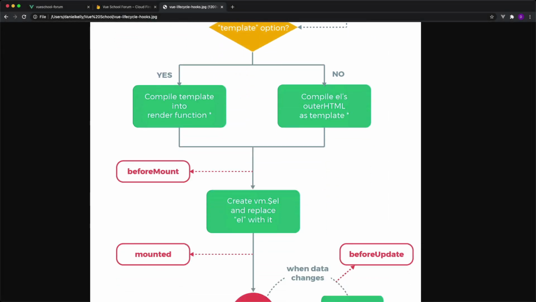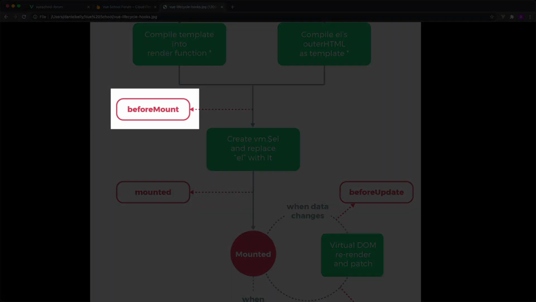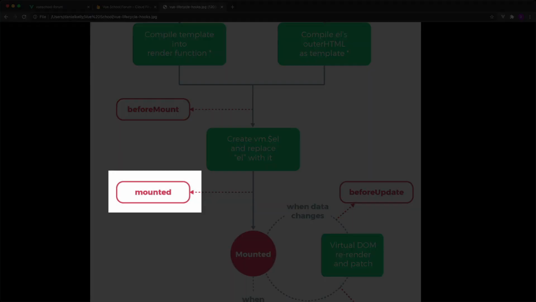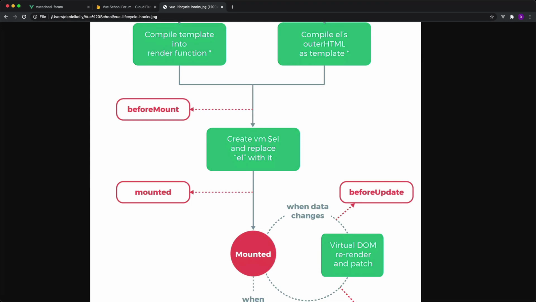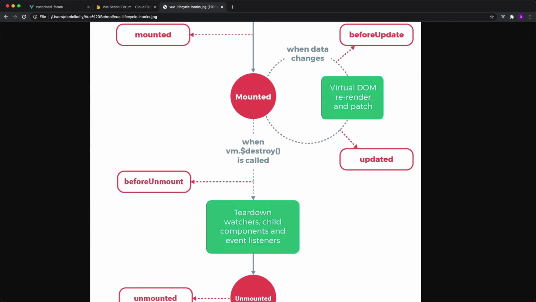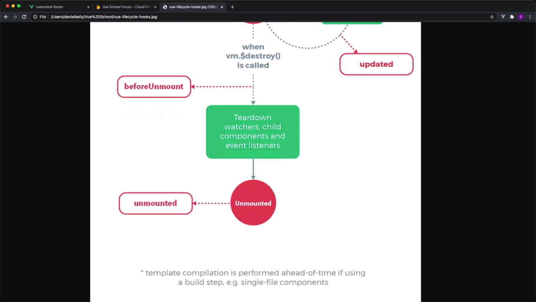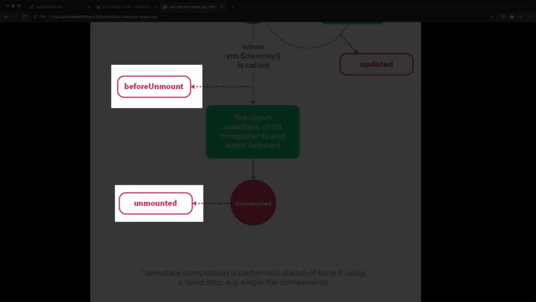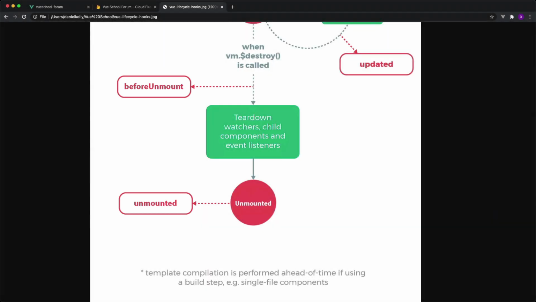When this phase is done, it calls the beforeMount hook and the mounted hook accordingly when the template is rendered. Here, on the right, we see the beforeUpdate and updated hooks that run when data changes. Later on, when the component is about to be destroyed or unmounted, the beforeUnmount and unmounted hooks are triggered.